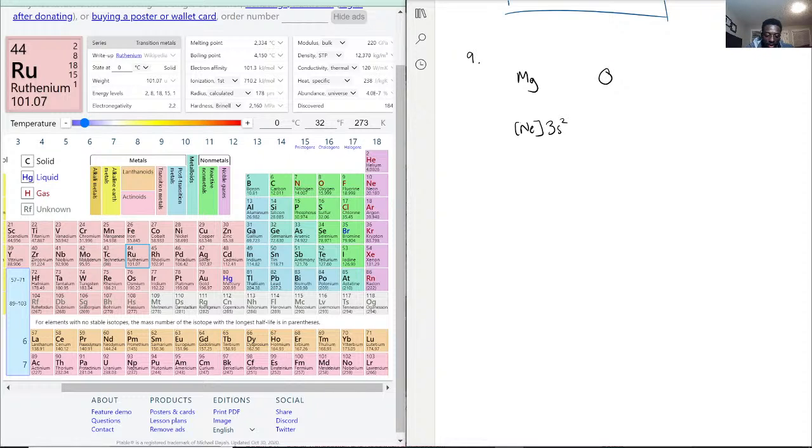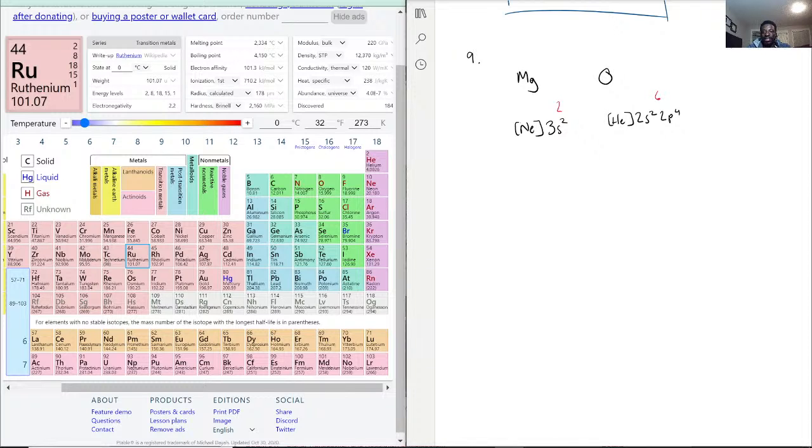Okay, and oxygen is helium 2s2 2p4. So this tells us how many valence electrons we have. Magnesium has 2, oxygen has 6. Now, as you know, elements like to be whole.